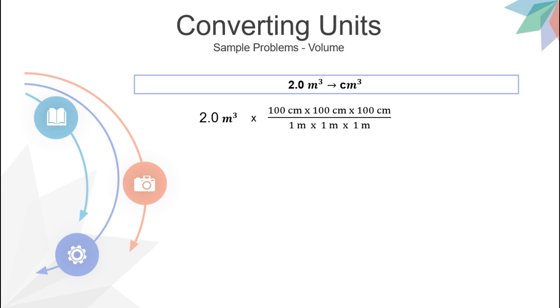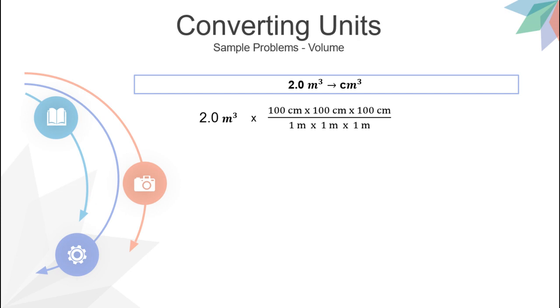Times. Okay, look here. With the exponent 3, it means you multiply the meter by itself three times. That is why, if you look at the denominator, there is 1 meter times 1 meter times 1 meter. Each meter is equivalent to 100 centimeters.